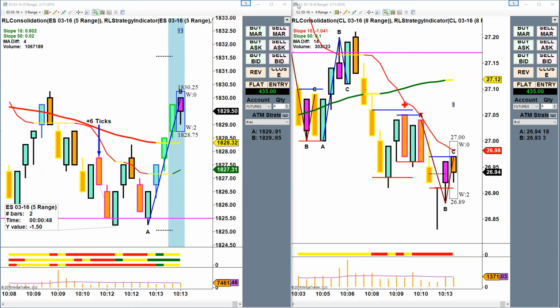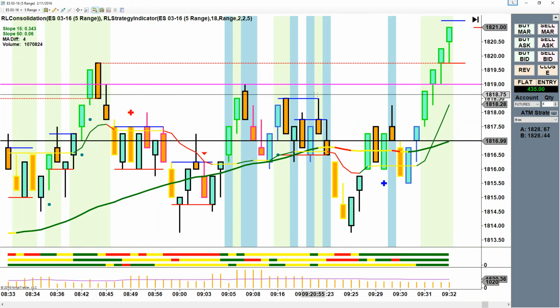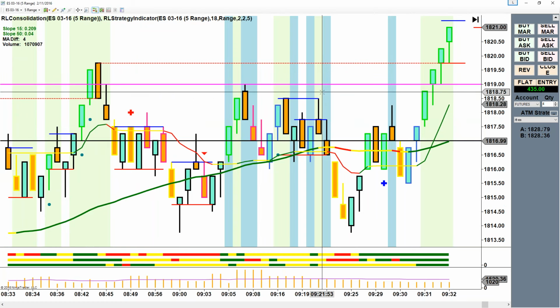This is all chop, and you can see that the value area high is right above price. Point of control was here. No multi-time frame alignment. Just briefly, we're getting colors telling us we're aligning to the upside. Then we get a break here right at 9:30, right at the NYSE open. And we just don't trade the open.